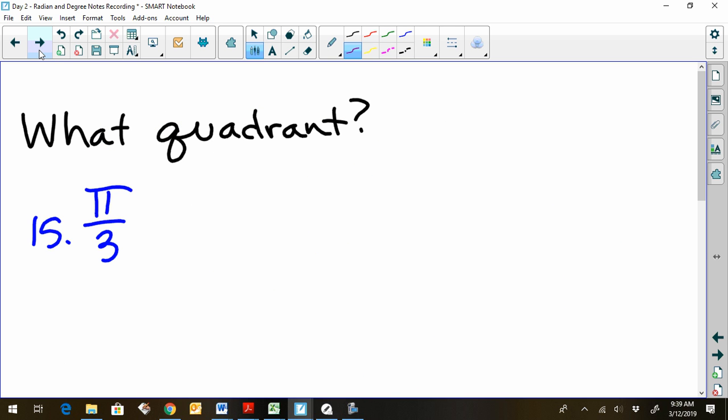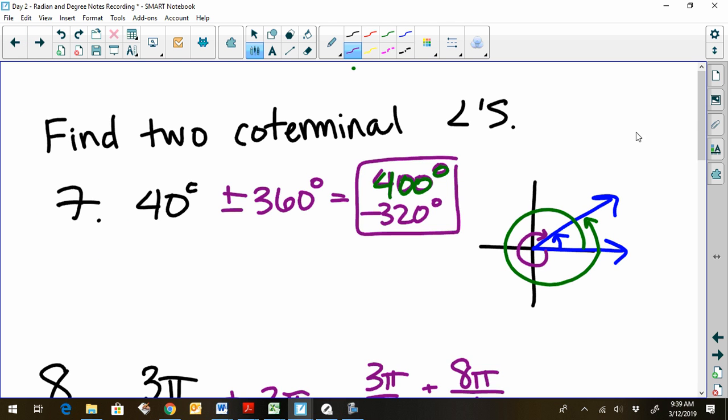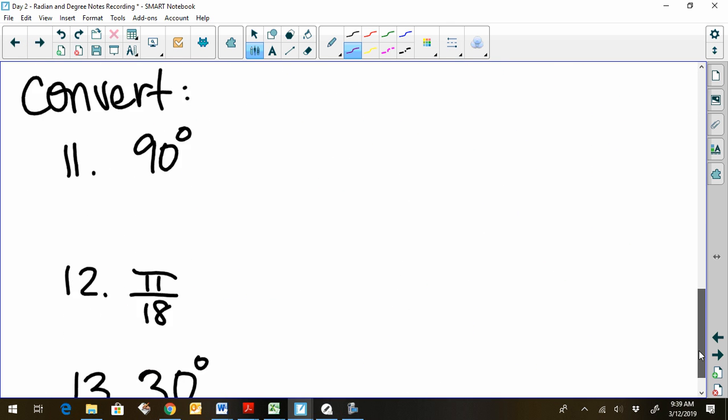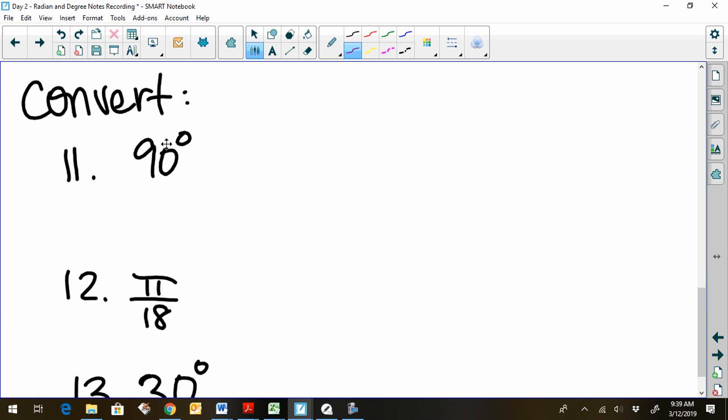So, wrong one. Going back. Here we go. Number 11. Number 11, if we convert this, how we're going to do that, we want to cancel out degrees. So we will multiply by pi, and pi is equivalent to 180 degrees.